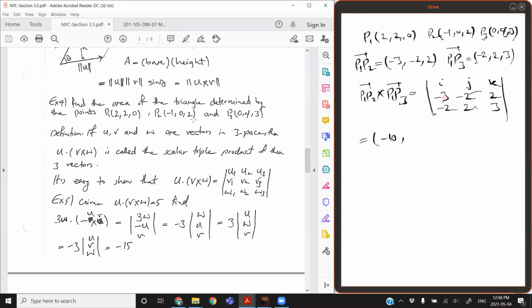And then the cofactor corresponding to this position is going to be minus the minor. So what is the minor? The minor is going to be -3 times 3, -9, minus -4. So -9 plus 4. That's -5. But minus, that's going to be 5. So +5. And finally, the cofactor for this position is the same as the minor, which is going to be -6 minus 4. That's -10.